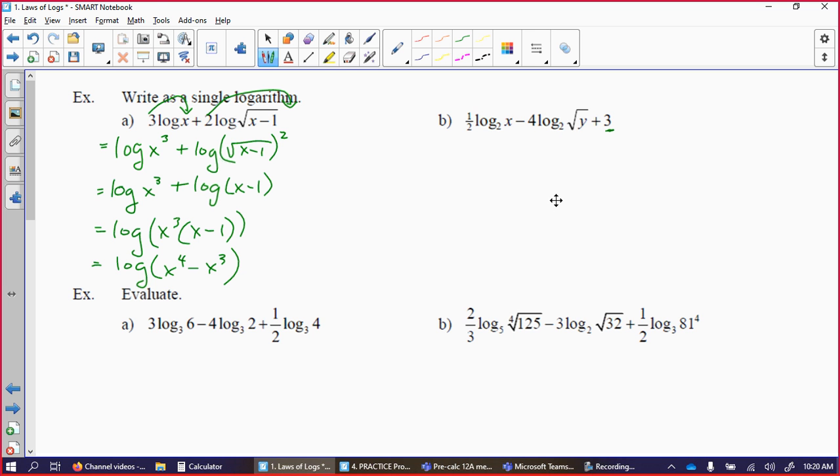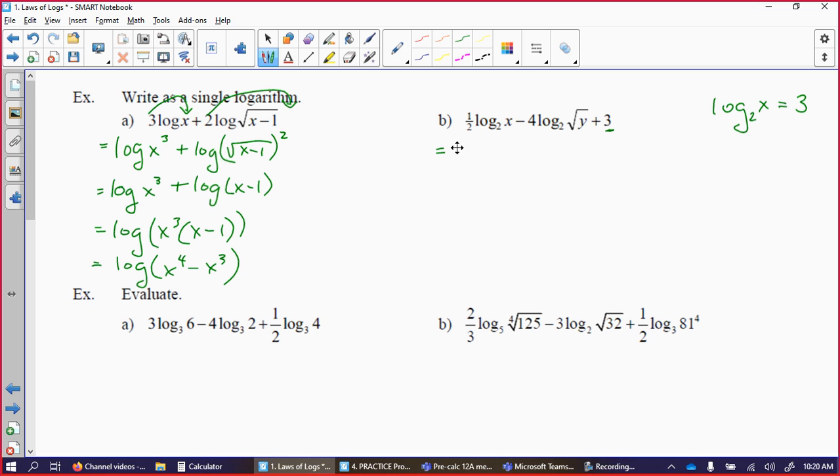3. So I have a number here. I want it as a single logarithm. Everything else is log base 2 of something equals 3. Can I put a logarithm in for this? 2 cubed is 8.